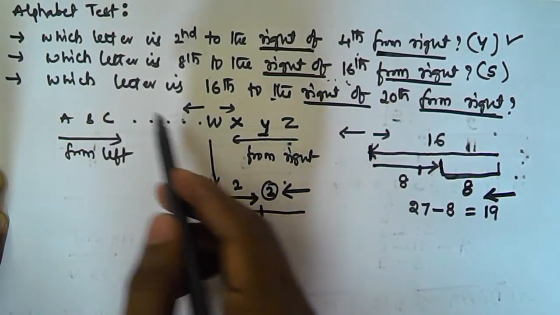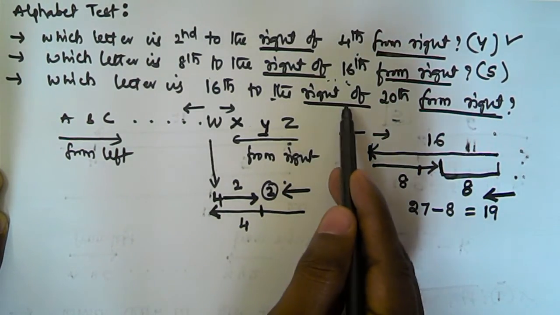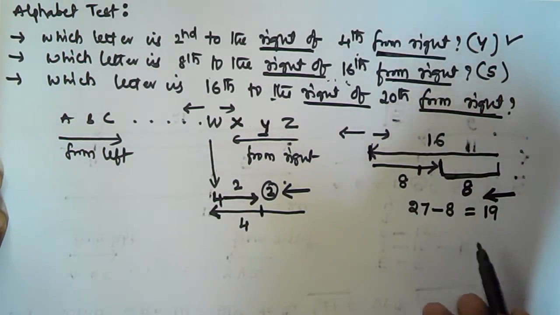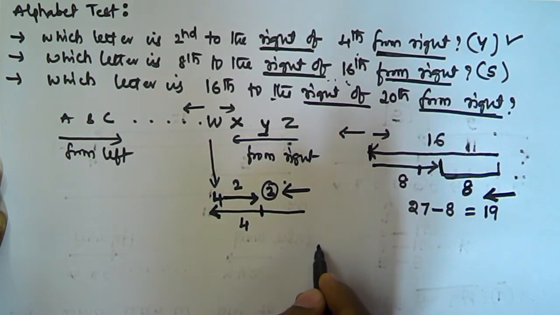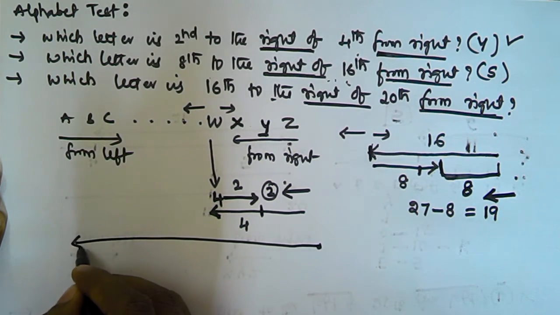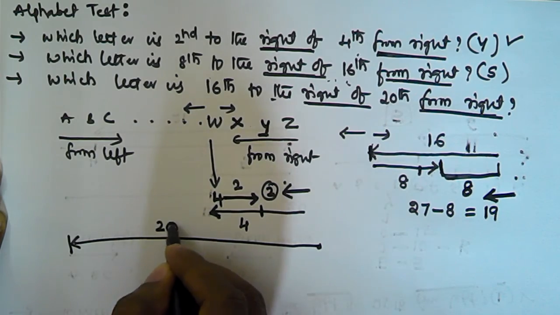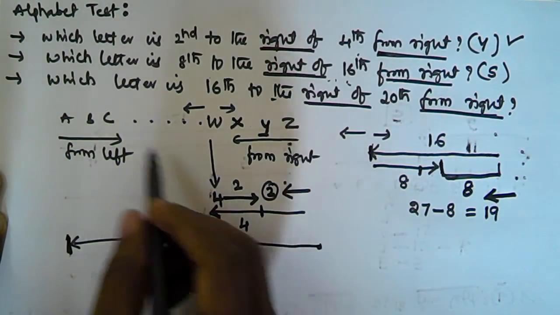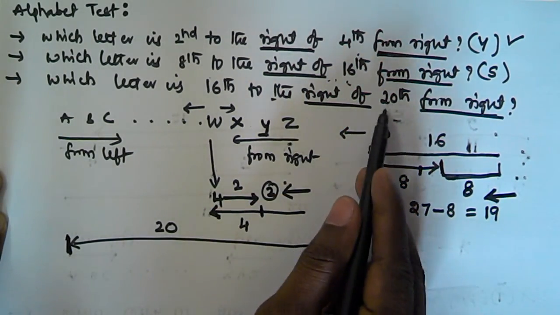In the same manner, which letter is 16th to the right of the 20th from the right? First we have to find the 20th from the right. Let us assume this is the Z. From right we move 20, because the 20th from the right we found here. Then which letter is 16th to the right of 20th?